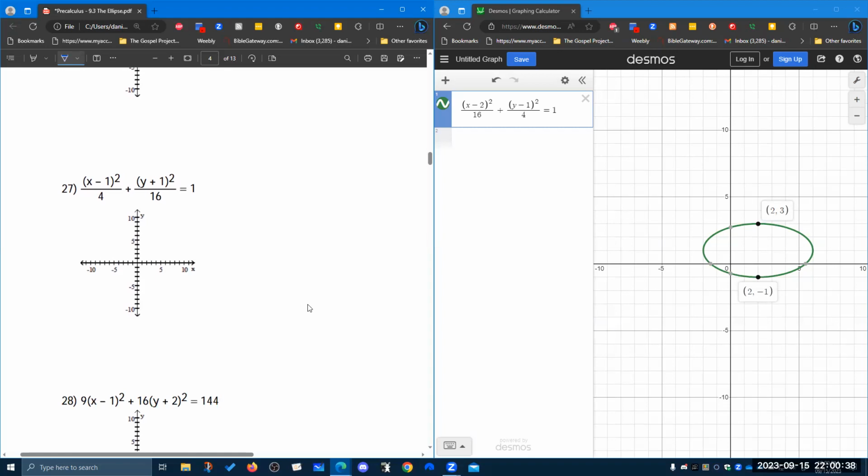Center is at 1, negative 1 here. Major axis is in the y direction 4, 1, 2, 3, 4. 1, 2, 3, 4. Minor axis has a radius of 2.